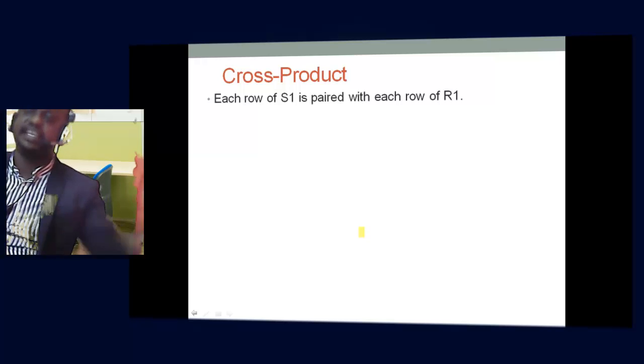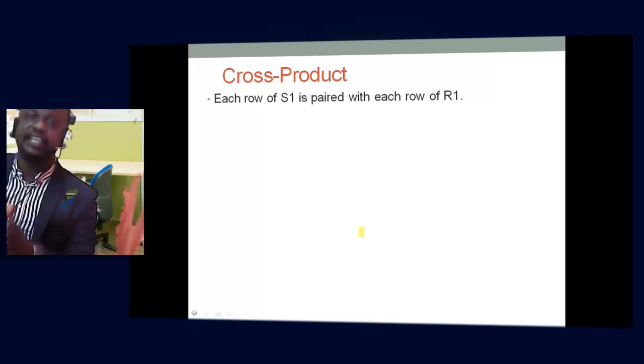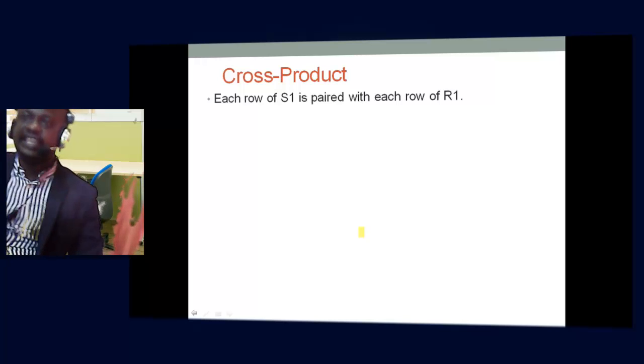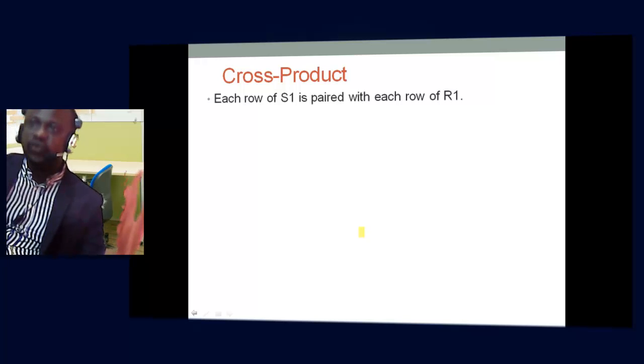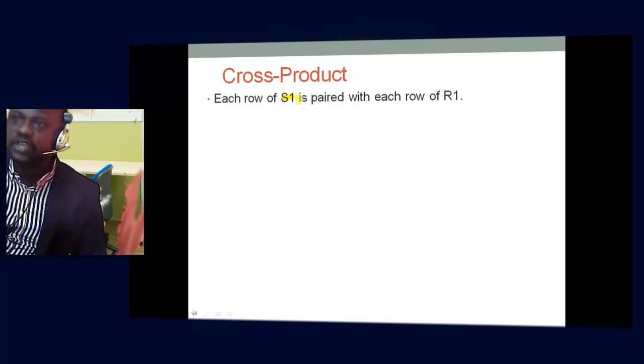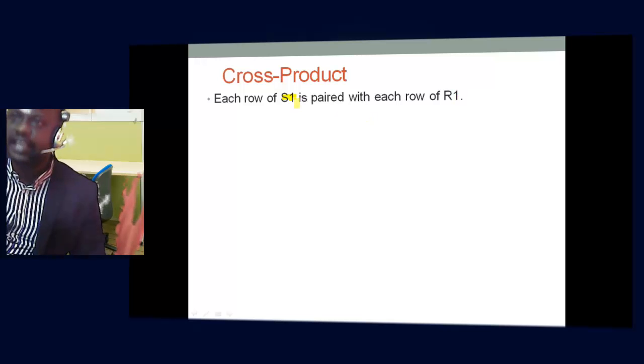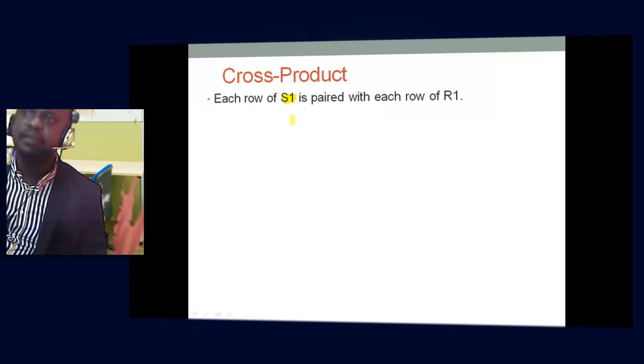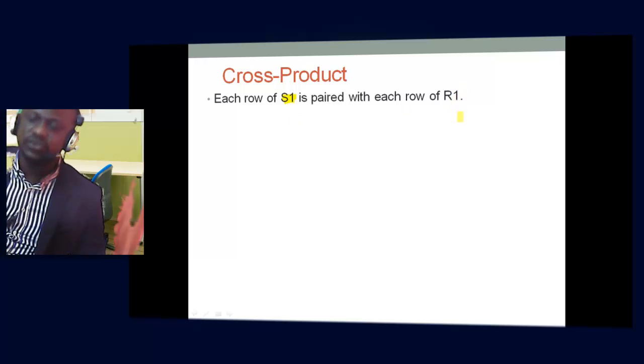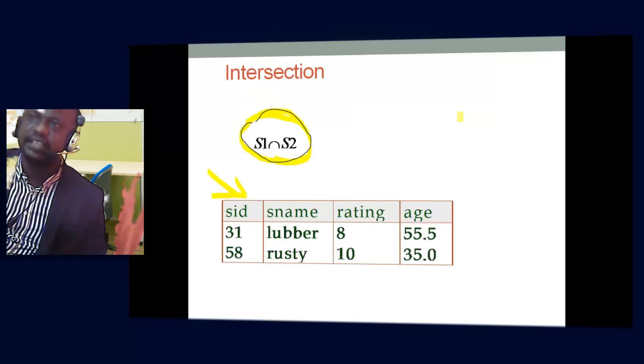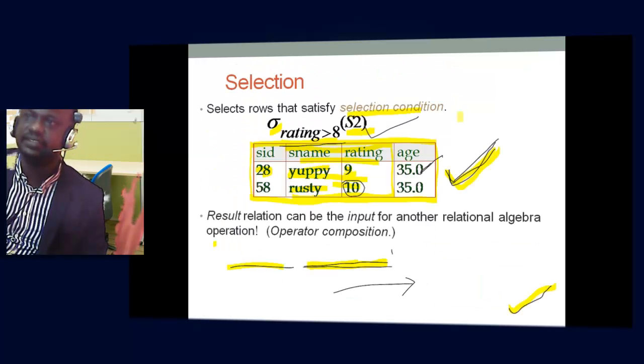For example, if here is 3 and here is 2, then obviously you're supposed to get 3 by 2, which is 6. So S1 is taken against the first row of this one, and the same S1 against the second row of this one. Then the second row of S1 will be against the first row and the second row of this one. So let's go back to our table so that you can get the explanation clear.